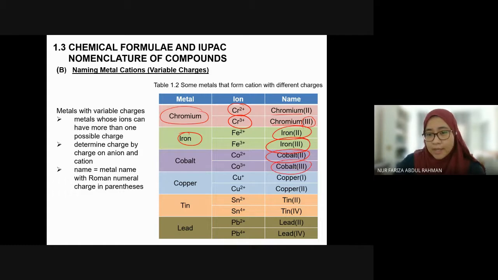Please be aware of how to write the name of the cation and the Roman numeral. There should be no gap, no space, between the last letter of the cation and the bracket.